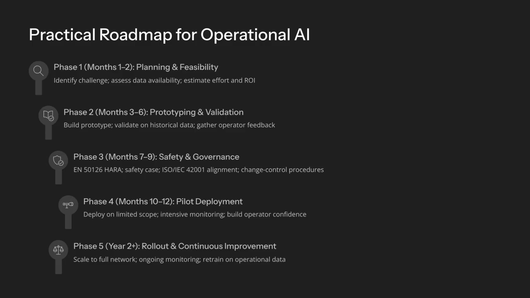Phase 3, safety and governance, months 7 through 9. This is where the engineering rigor comes in. You conduct your RAMS analysis under EN 50126, hazard identification, risk assessment, controls defined and documented. If the system is safety related, you develop an EN 50129 safety case, demonstrating that the identified hazards are controlled to an acceptable level.